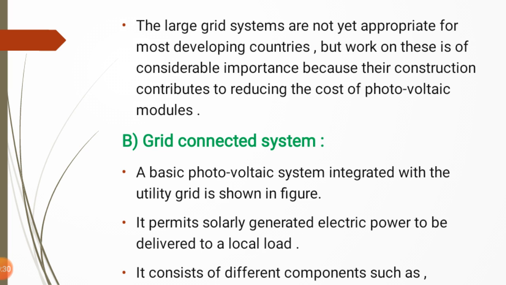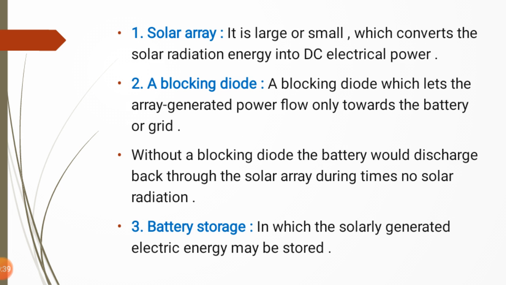It is made up of different components such as solar array, blocking diode, battery storage, inverter, and all other switches and breakers, all those things are required. So we will consider them one by one.